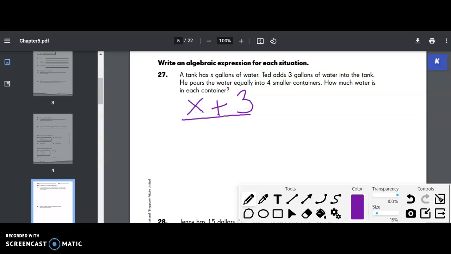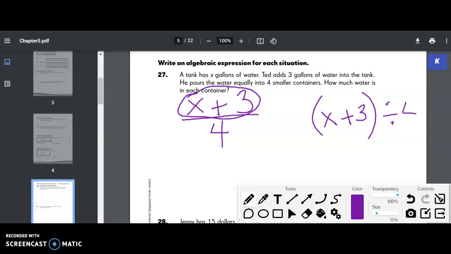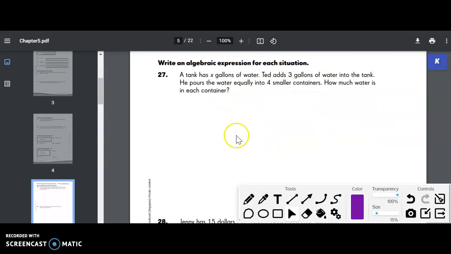So I can either write it like this, which tells me I need to do this whole top part first before I divide by 4. Or I could put it in parentheses before I divide. Because again, I need to show that I do this part first. He's adding 3 gallons of water first, and then we're pouring it equally into 4 containers. We're splitting it up equally. Okay, so sometimes there might be a couple steps involved.